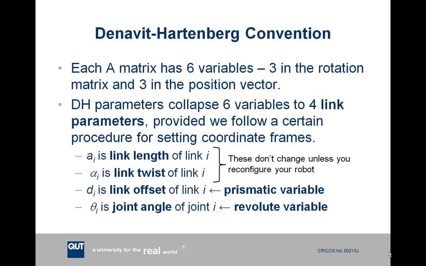Even if the robot is moving around, these parameters are pretty much fixed. They would only change if you took apart your robot and maybe made the arm half as long or twisted it and changed it in some permanent way. The last 2 parameters can change. So for a prismatic link, which extends or contracts, d would change, and for a revolute joint, which rotates, the theta parameter would change.